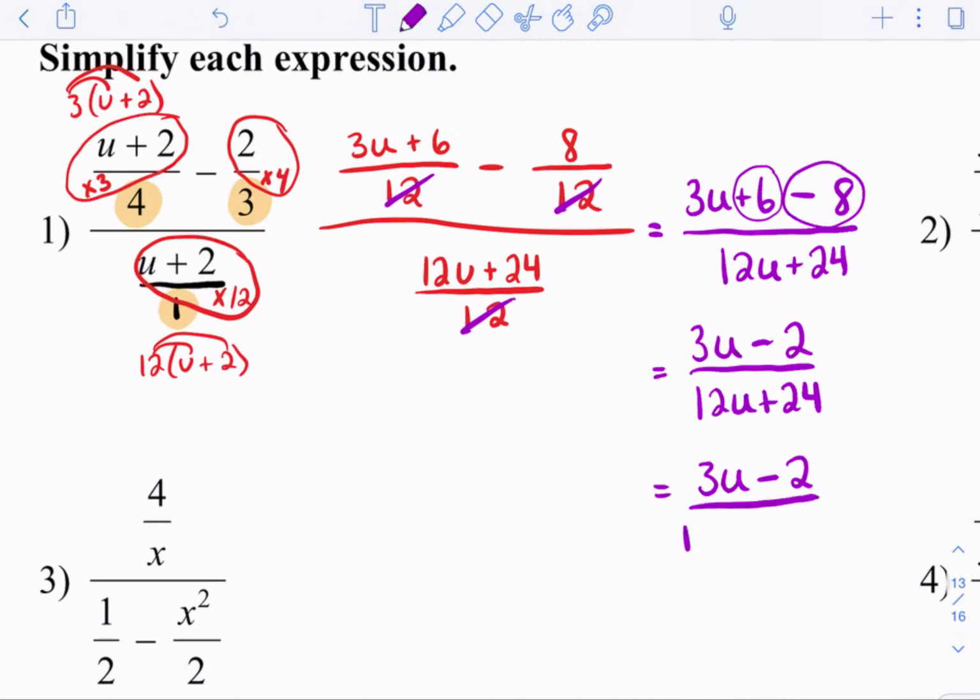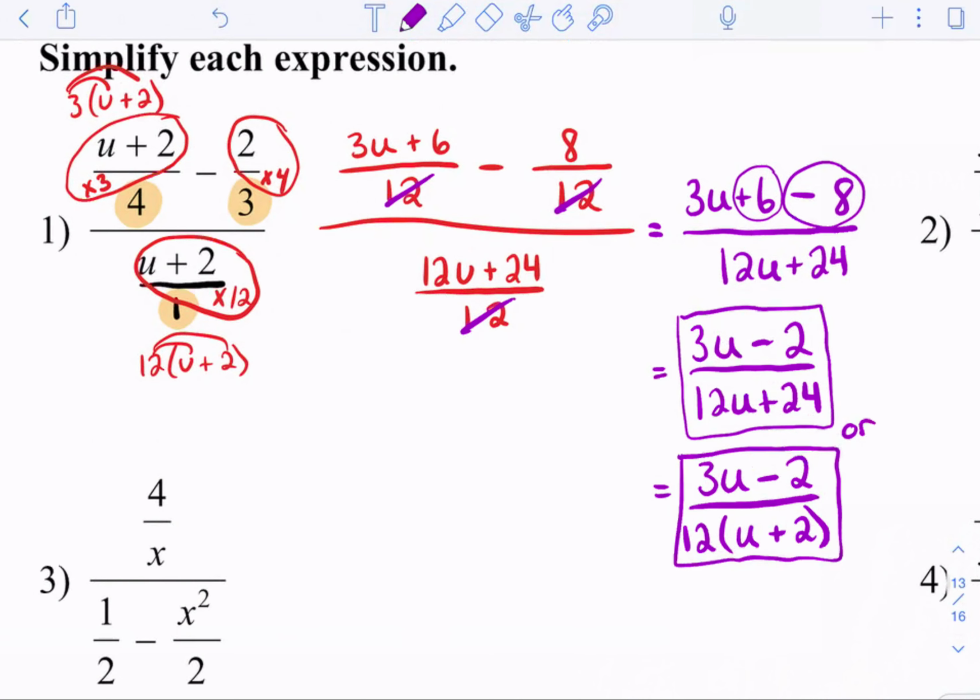In the denominator, I'm going to factor out a 12. I'm left with u plus 2. If you take a look, I cannot reduce anything. So this is our final answer. Either one, this or this, is your final answer because it cannot be reduced.